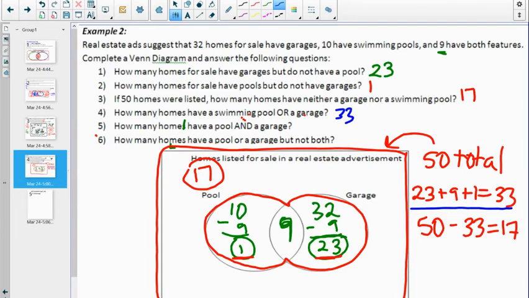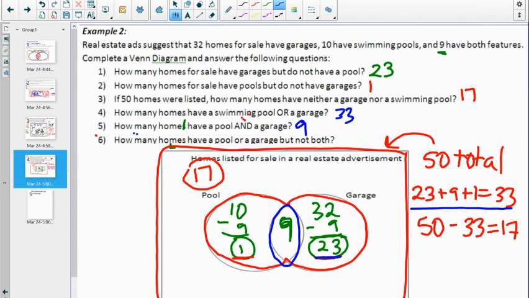Now, how many homes have a pool and a garage? Again, we can look at the intersection, the 'and,' and that's just 9, because that overlap is 'and.' Remember, that 23 is just homes that have only garages, not both, and not a pool.